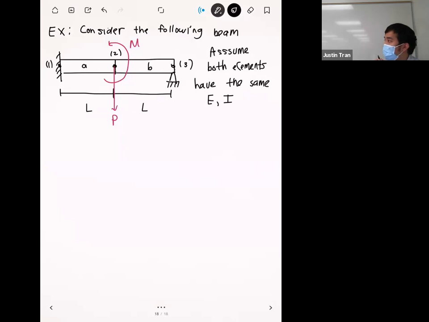And we're going to assume that both elements have the same Young's modulus and the same moment of inertia. Okay. And so A and B are basically 2 identical beams. They're just connected to each other. Okay.